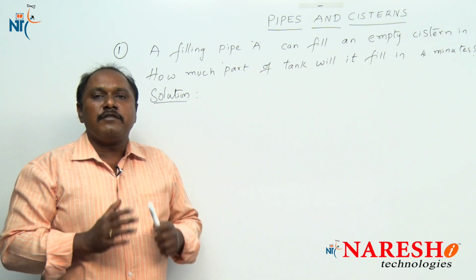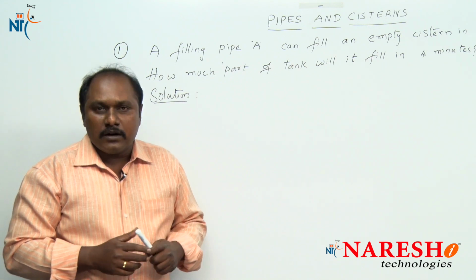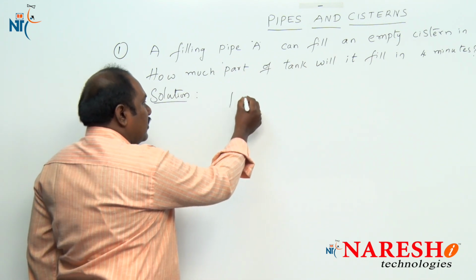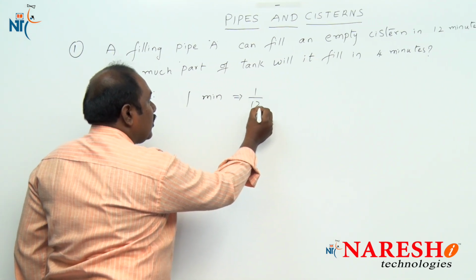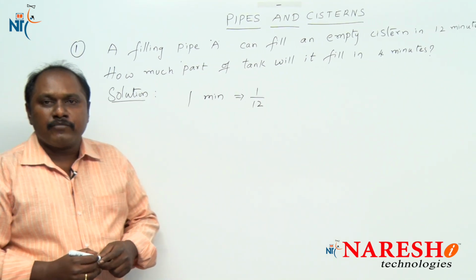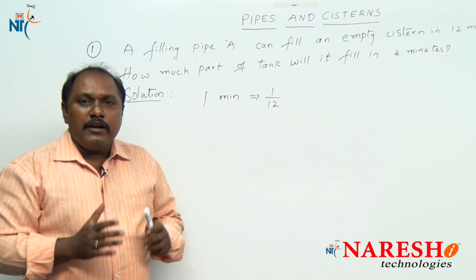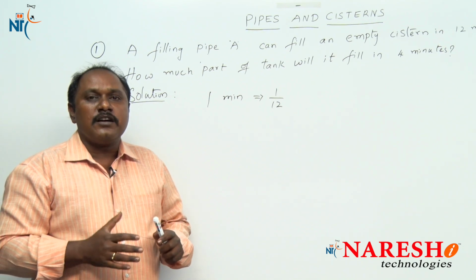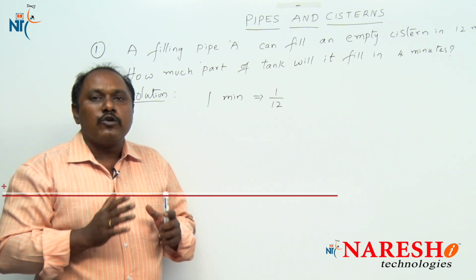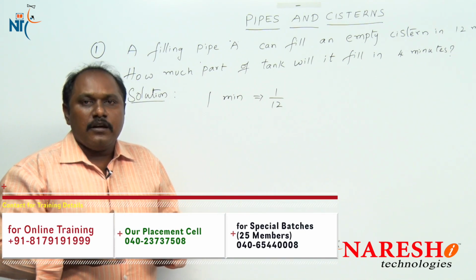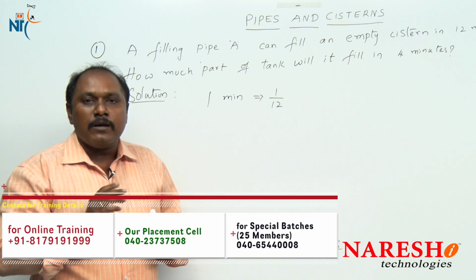So how much part of the tank will it fill in 1 minute? In 1 minute, the pipe will fill 1/12 of the tank. If in 1 minute it fills 1/12, now let us try to understand what we mean by 1/12. If you divide the total tank into 12 equal parts, in 1 minute it fills 1 part.